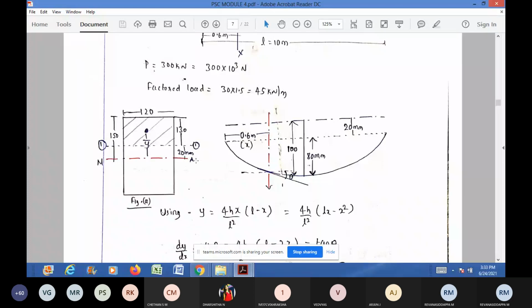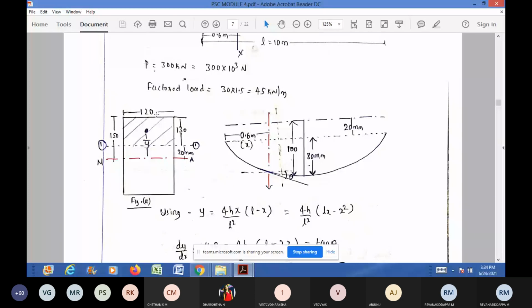What is the area of the shaded portion? Width is 120 and depth is 130, not 150, because it is 20 mm above the neutral axis. 150 minus 20, you'll get 130. So the area is 120 into 130.